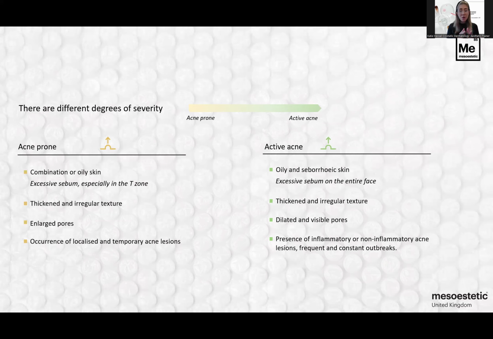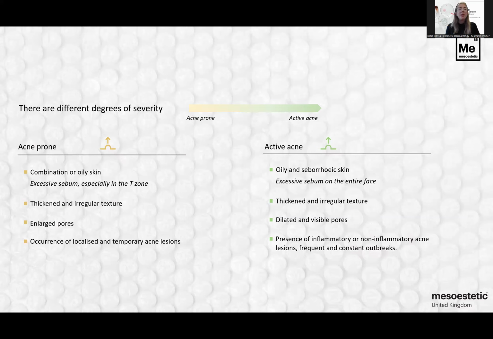So you could have someone who doesn't have much oil, but they do get the occasional spot, or they could be very oily and again get the occasional spot. Thickened or irregular texture could be an acne prone skin. You could see enlarged pores and occurrence of localized and temporary acne lesions.